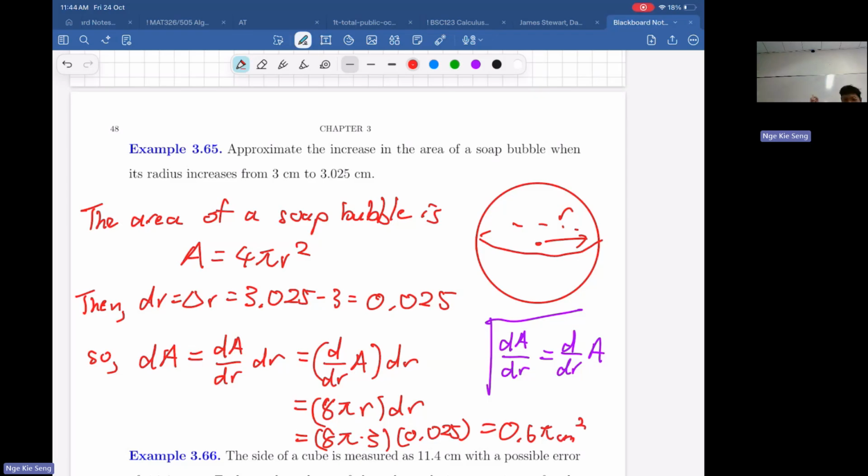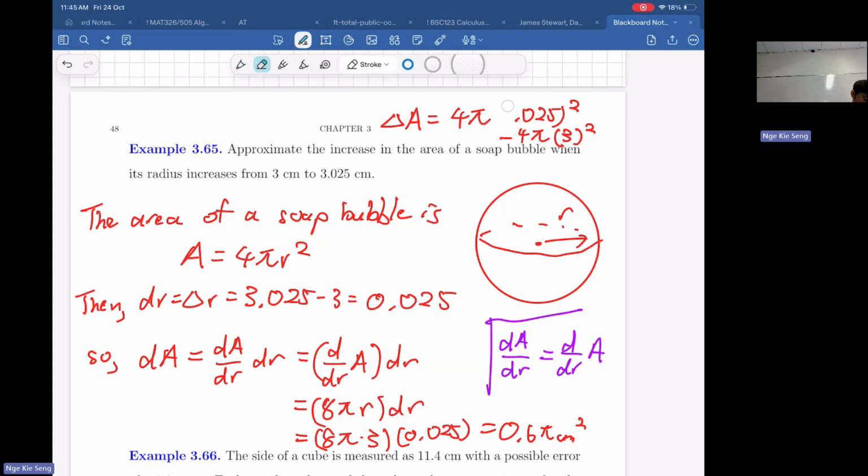Can someone go and compute what is delta A? So delta A is 4 pi times 3.025 squared minus 4 pi times 3 squared.